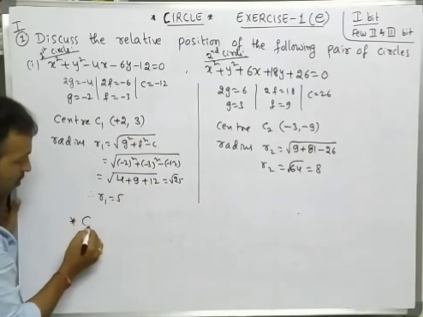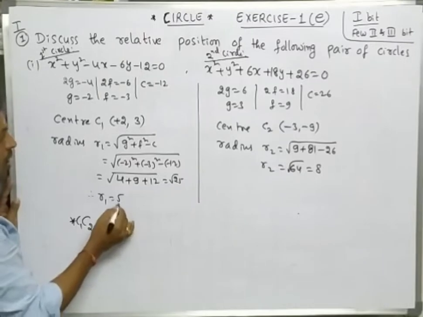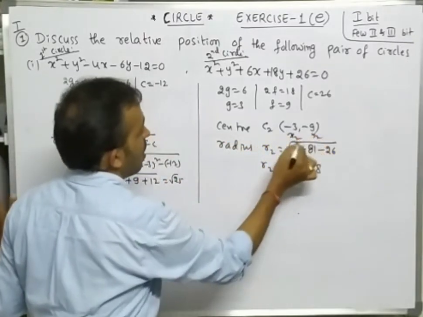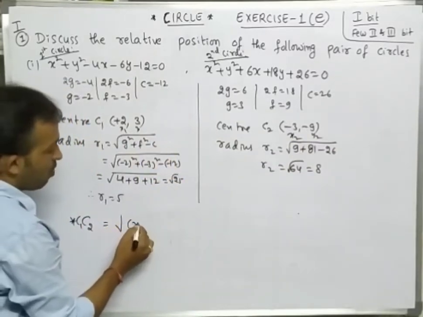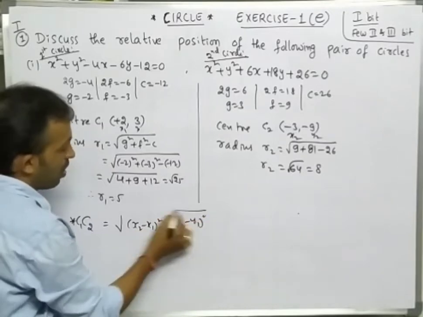Next we should find c1 c2, the distance between the two centers. Let this be x1 y1 and this x2 y2. Then the distance is under root of x2 minus x1 whole square plus y2 minus y1 whole square.